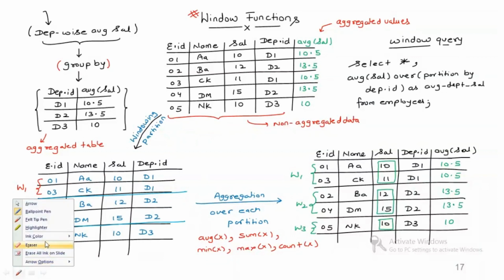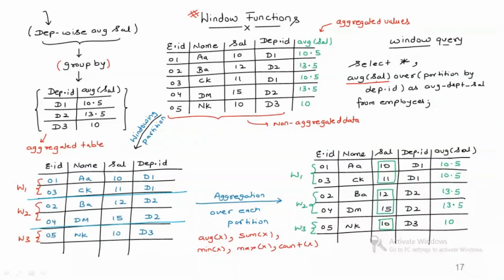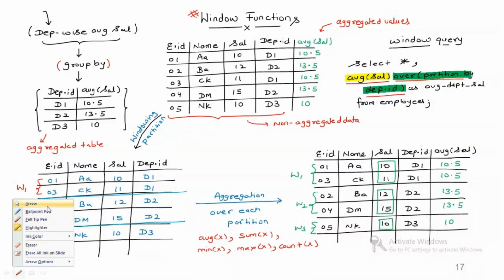Now if you carefully read this query, it is simple to understand. I want to apply this aggregation function over the window which is partitioned by department ID. So a window function query has this component, the aggregation function that I want to apply, and this component, which talks about how a particular window is defined.